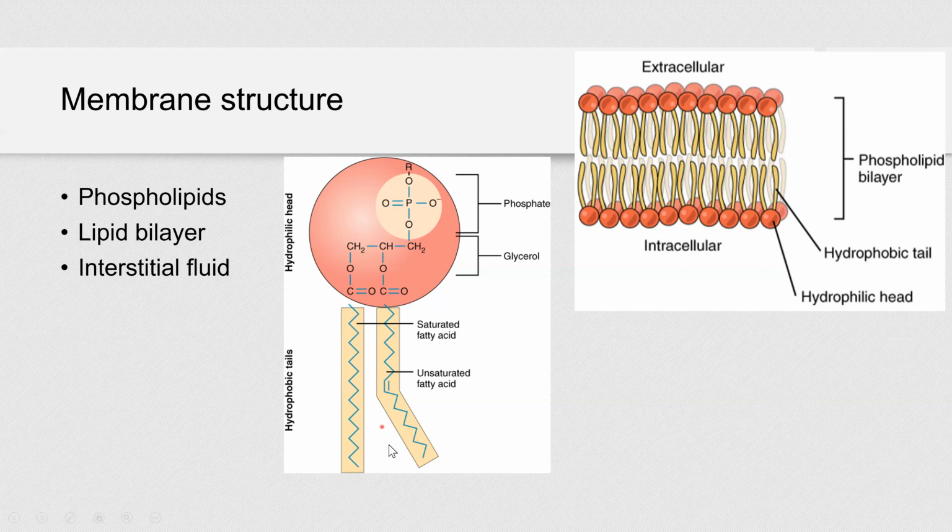And those fatty acids are called tails. So we have one molecule that has two parts, and these two parts have different properties. The head is hydrophilic. Hydrophilic means it's attracted to water, and tails are hydrophobic, so they repel water. And because of this property of the molecule, we call it an amphipathic molecule.